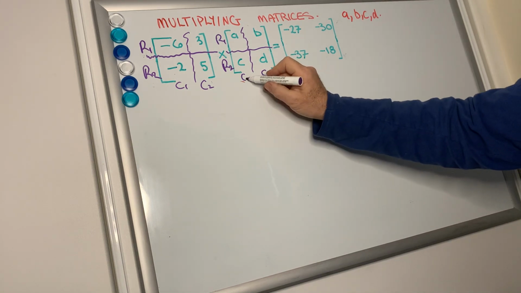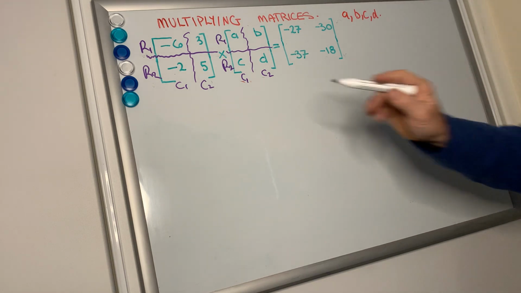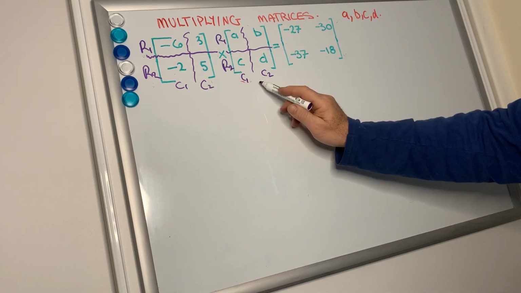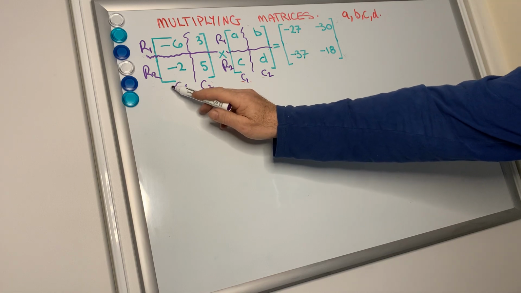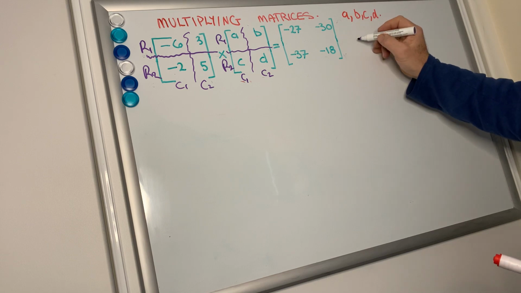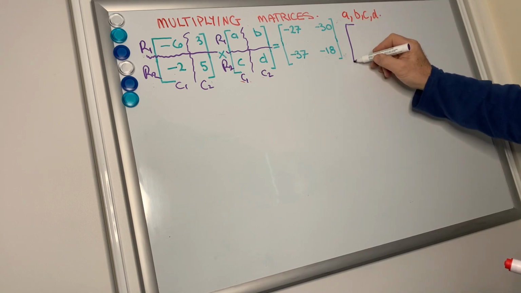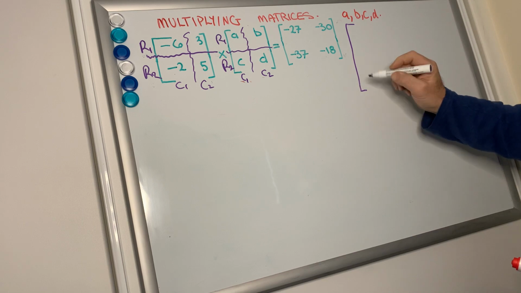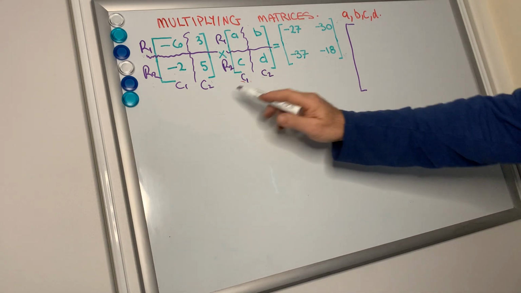And what we want to do is, we already know this is a 2 by 2 and this is a 2 by 2. And we know that the resultant matrix is also going to be a 2 by 2. So let's draw out, I'm just going to draw it up here, a 2 by 2 matrix, which is what these two will be in the end, 2 by 2. There it is there.